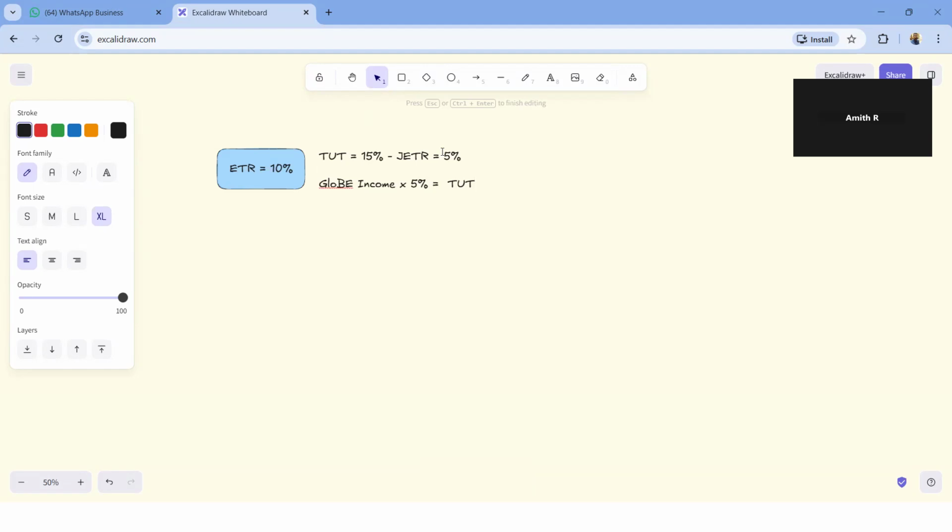Correct. Now, let me ask you something: where does SBIE come in for this? SBIE comes in like this. If you have substance-based income exclusion, then it would be GloBE income minus your substance-based income exclusion, and this figure is called excess profits.